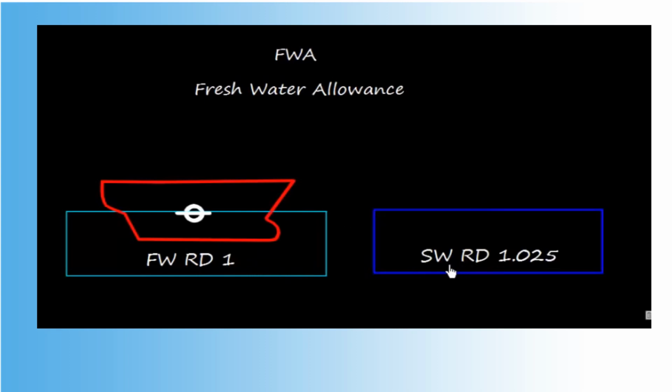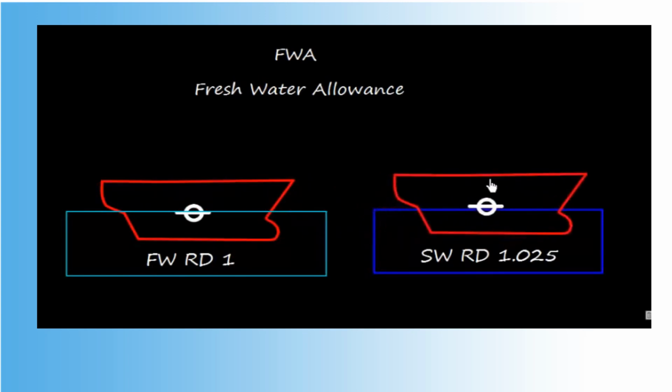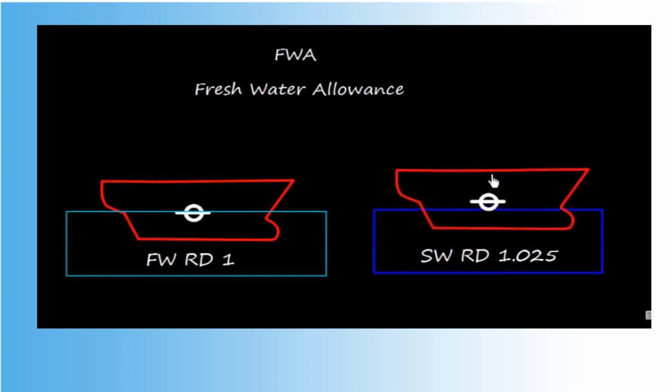Now we know that salt water is much heavier, or much denser, than fresh water. So what happens if the vessel goes from fresh water to salt water? Let me put it this way. The salt water is heavier or denser, so it will support the vessel and the vessel will rise.